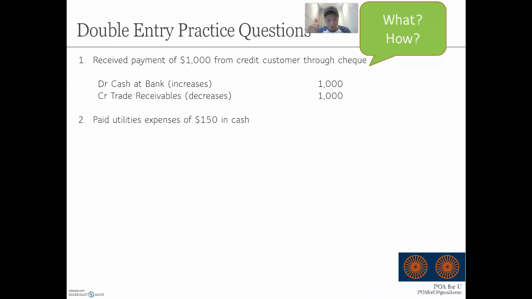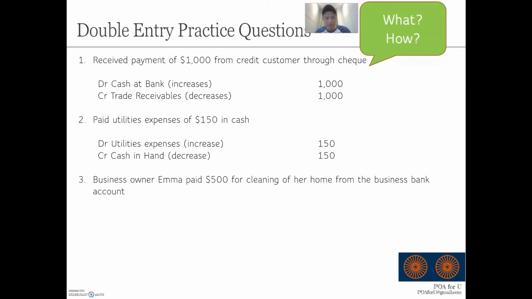So utility balance should go up. And I paid it through cash. So when I pay it through cash, my cash balance actually goes down. So I would debit utilities expense and credit cash in hand. Cash in hand is an asset, and to reflect an asset going down, I have to credit this.